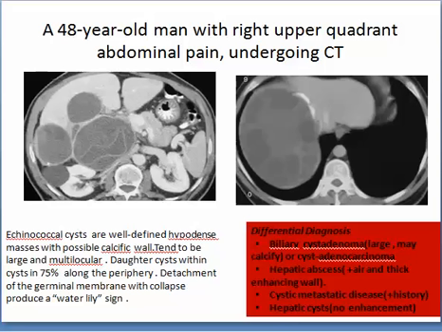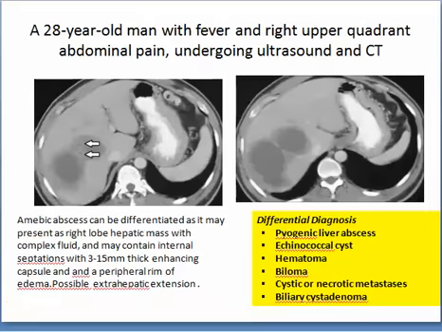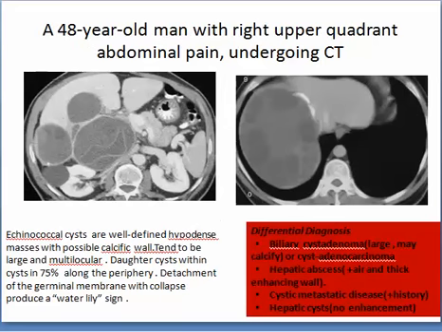In hepatic abscesses, we have air and maybe the thick enhancing wall, as in this case, reaching from 3 to 15 millimeter thickness. And cystic metastatic deposit usually gives history of malignancy, while simple hepatic cysts usually show no enhancement.